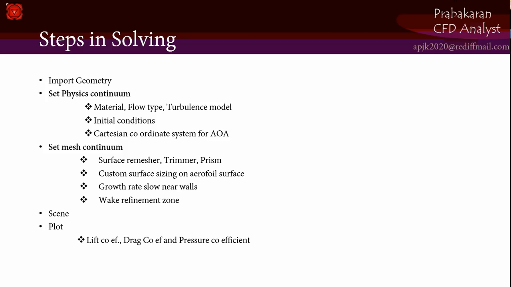So first we are going to import the aerofoil geometry, and not only the aerofoil, we will import a wind tunnel with the aerofoil, so that we are able to make the flow over the aerofoil using the tunnel boundaries.